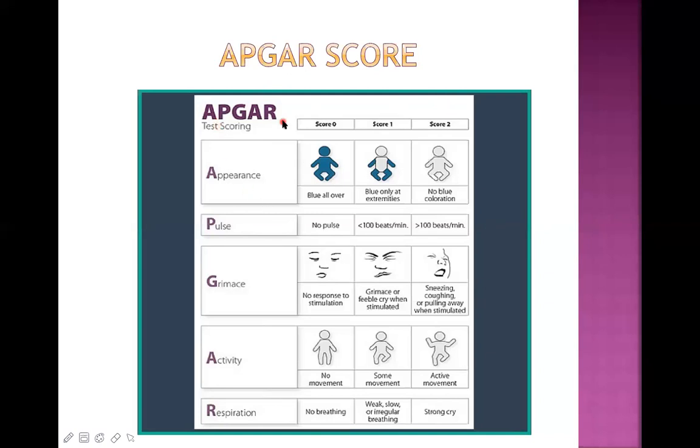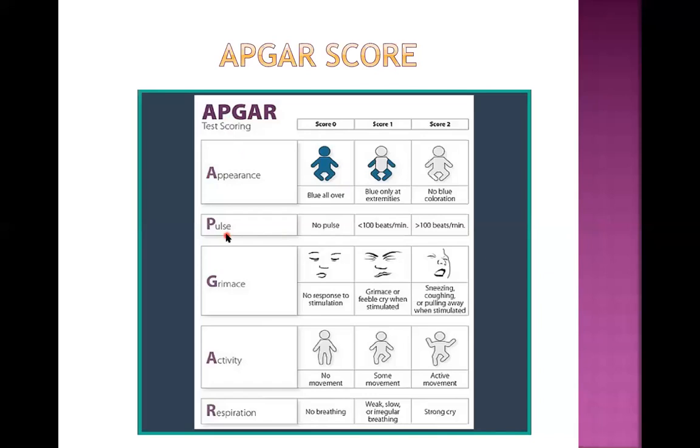Now this Apgar score is named after a pediatrician known as Virginia Apgar, and this is APGAR. So these letters are after these different types of criteria. A is from appearance, P is pulse.